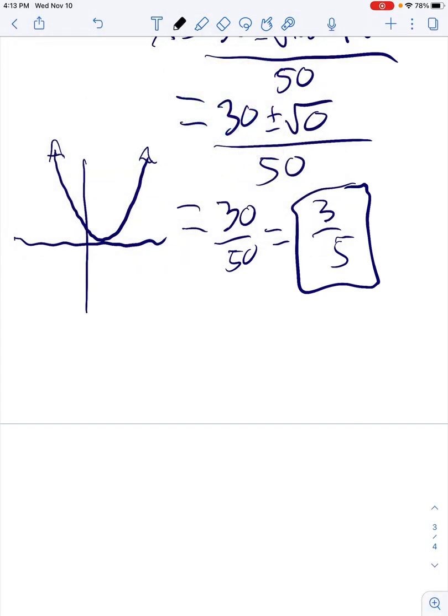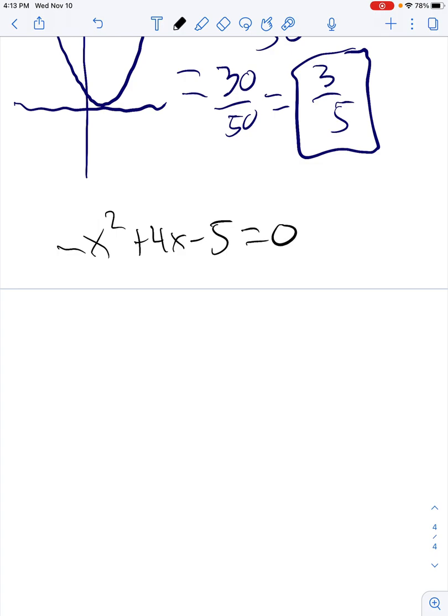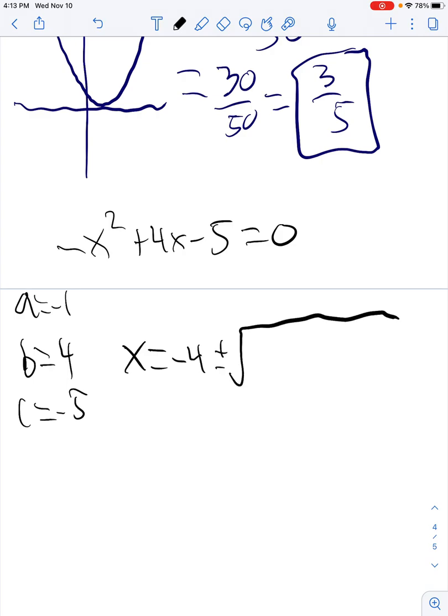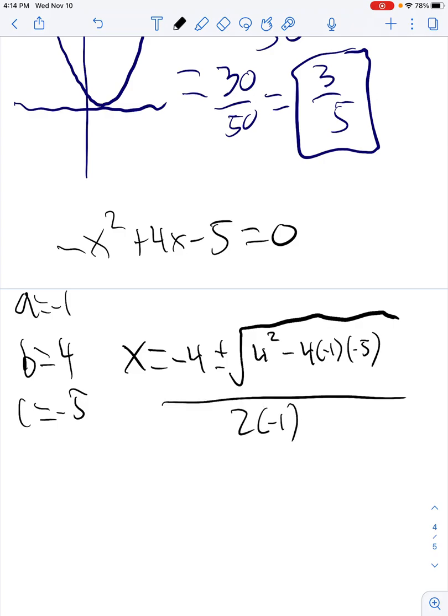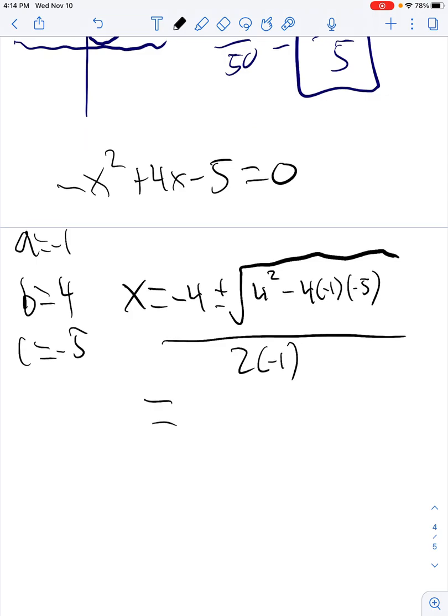And of course, we've got to build off last lesson. What about those imaginary numbers, right? What if we had negative x squared plus 4x minus 5? So again, I'm going to set it equal to 0. I'm going to label A as negative 1, B as 4, and C as negative 5. x equals negative 4 plus or minus the square root of 4 squared minus 4 times negative 1 times negative 5, all over 2 times negative 1.